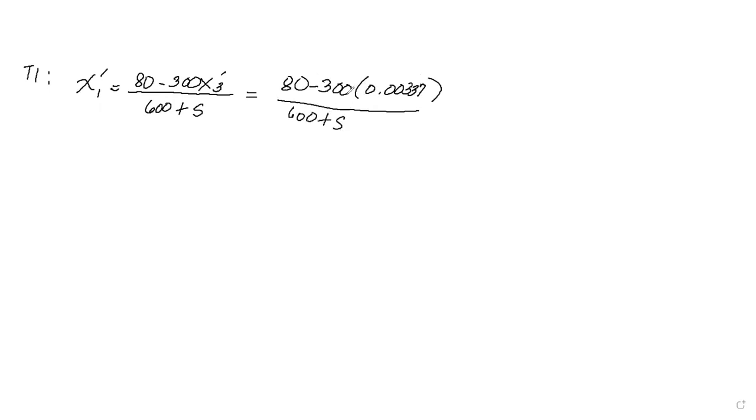In here, we can get an x sub 1 prime equal to 78.989, so you can redo the computation, divided by 600 plus S. So we will make this our equation 1.